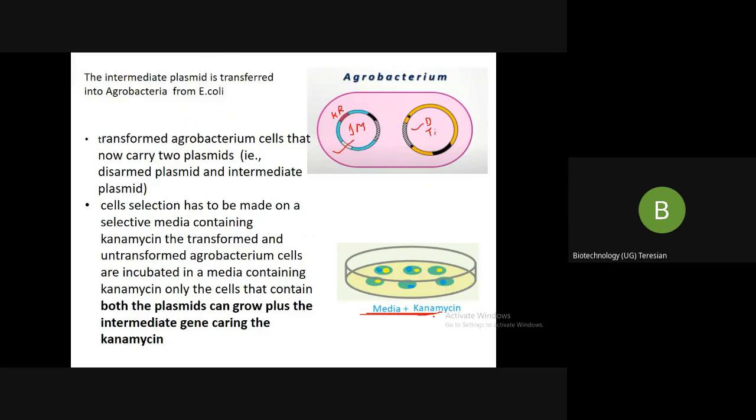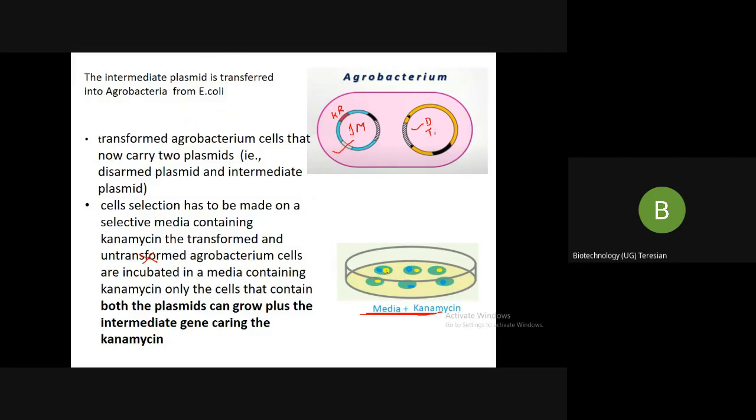It will not allow Agrobacterium cells that are untransformed. Untransformed means it is not carrying these intermediate genes, so if it is not carrying the intermediate gene, it means that it is not being transformed. So only if your Agrobacterium is carrying these two, then it gets selected.